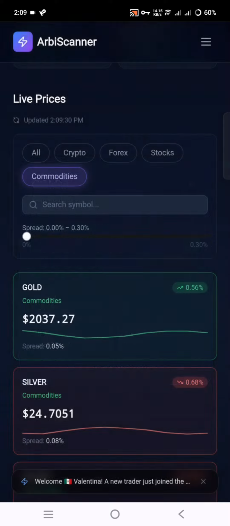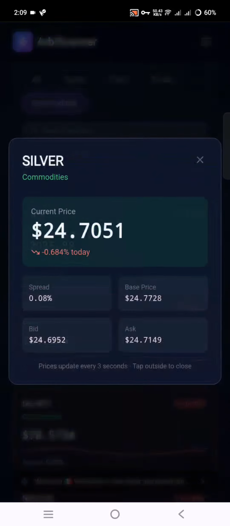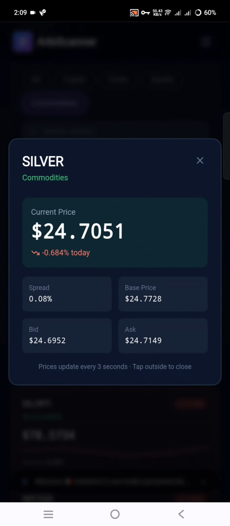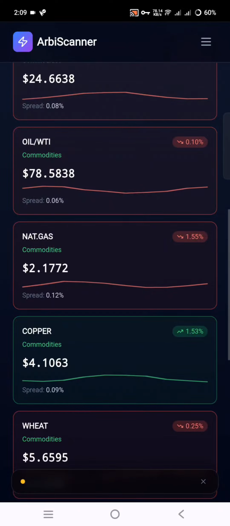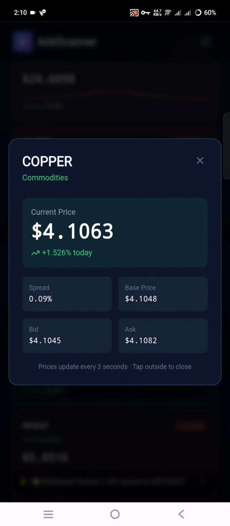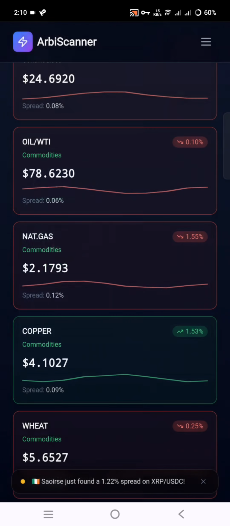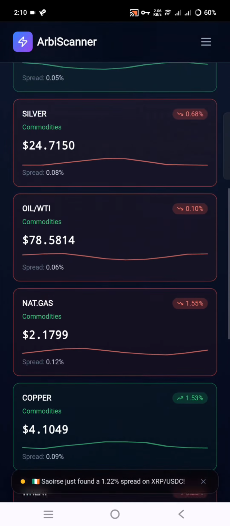Also, you can see silver. The current price is 24.7051 USD. There are so many commodities here. We can see even copper. This is at 4.1063 USD. That is what we have, guys.